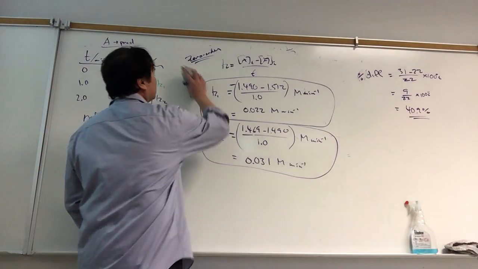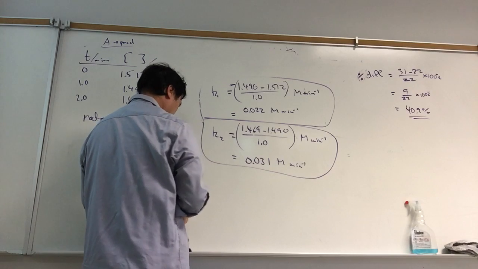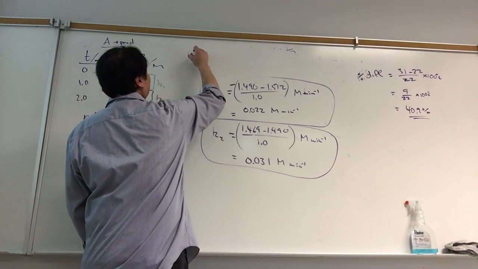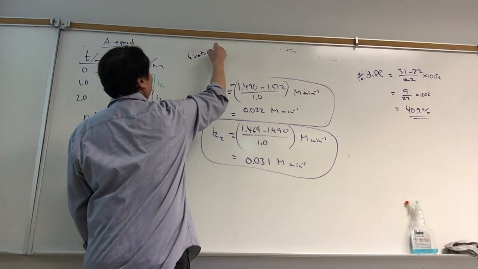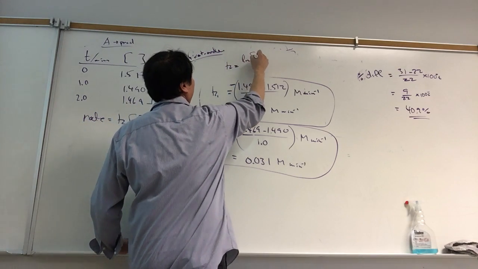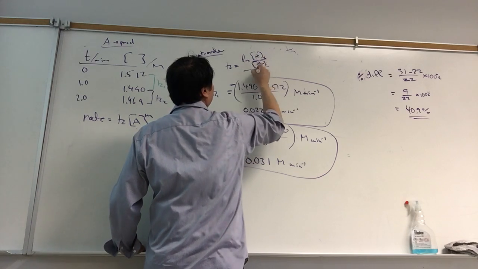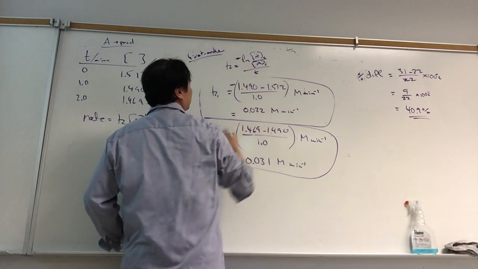Now let's assume it's first order and see. If we assume it's first order, then K is equal to negative ln of A at time T over A initial, divided by the time interval.